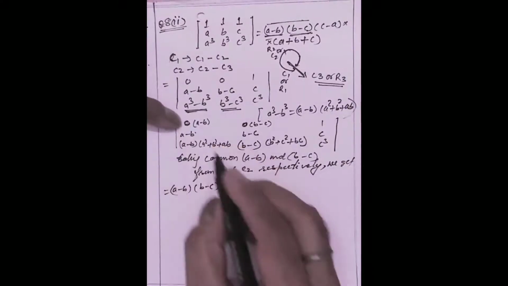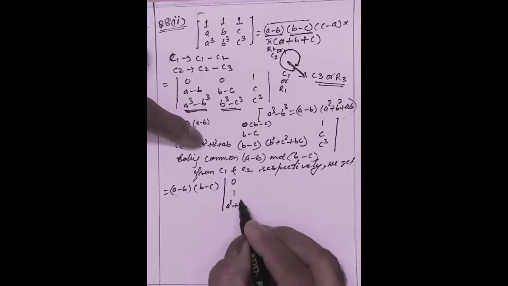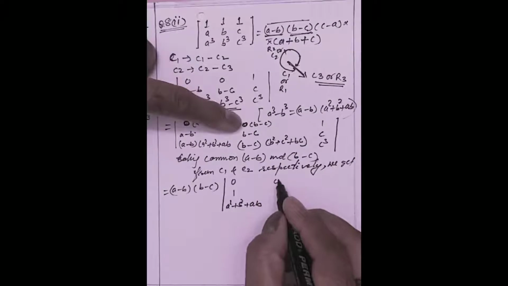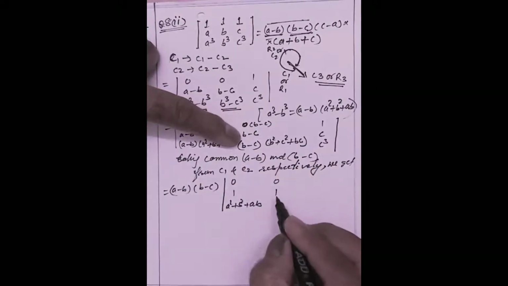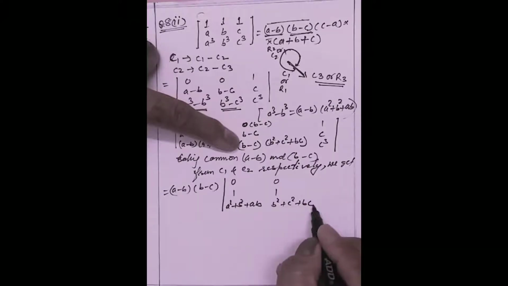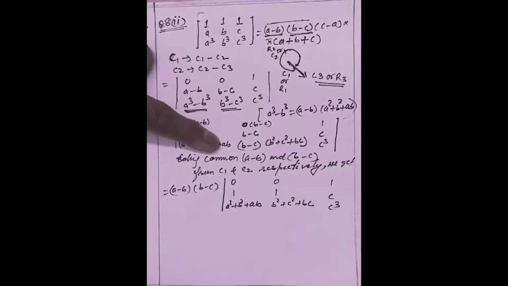Now inside we have 0, downside 1, and here we have A square plus B square plus AB. In the middle row here we have 0, here B minus C is outside, so 1, B square plus C square plus BC, and the last one is 1, C and C cube.